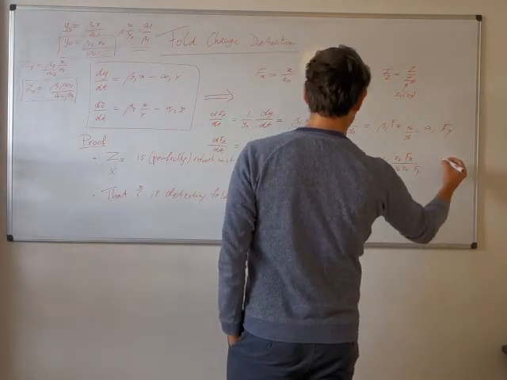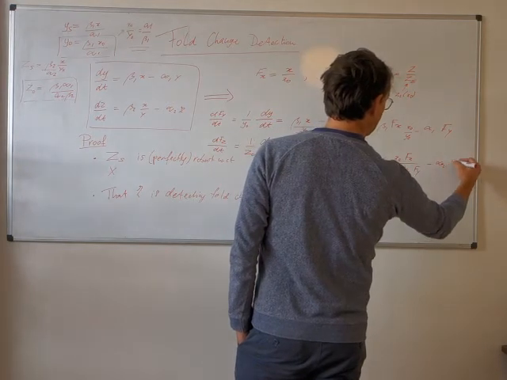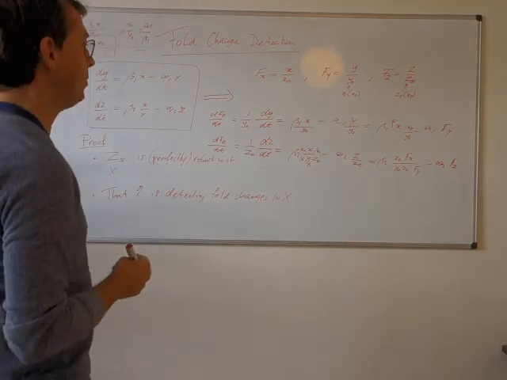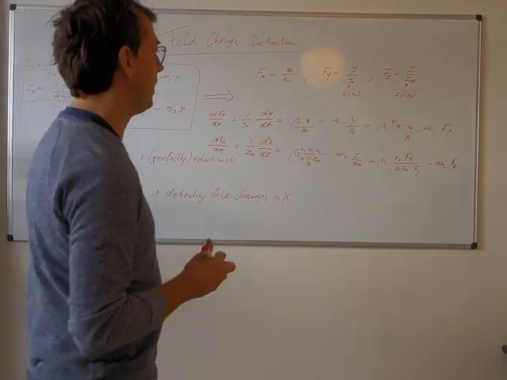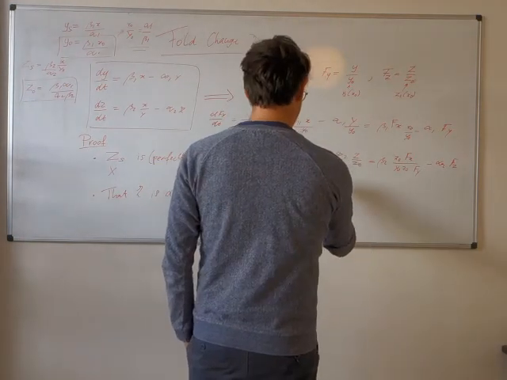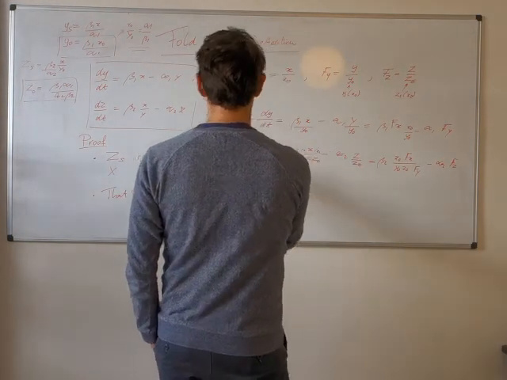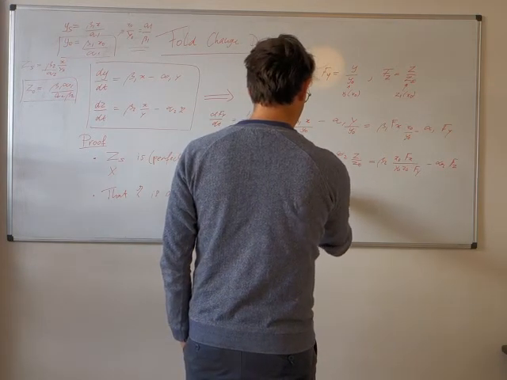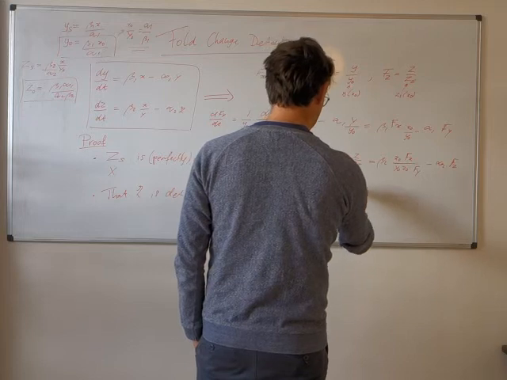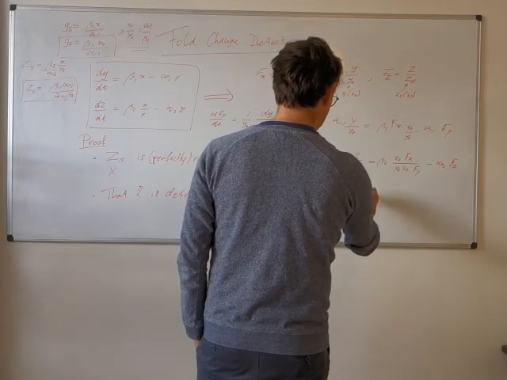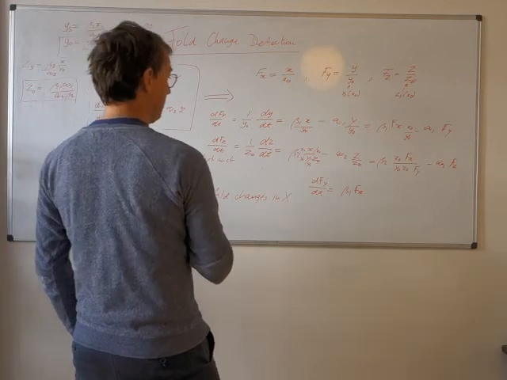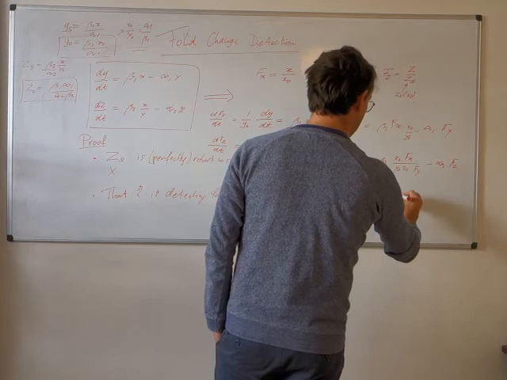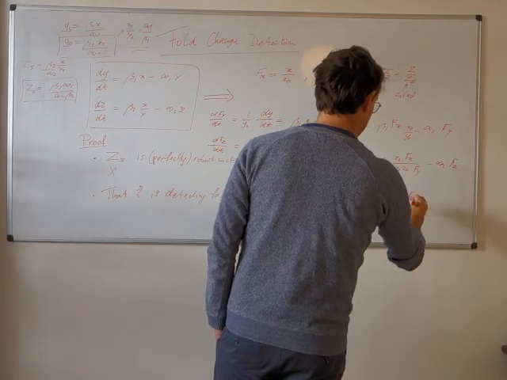And the other thing that we still need to do is add this term. We know what x0 divided by y0 is. So if we write the first equation again, in its final format, we see that beta 2 times fx times x0 divided by y0, with x0 divided by y0 being alpha 1 divided by beta 1, gives minus alpha 1 fy.